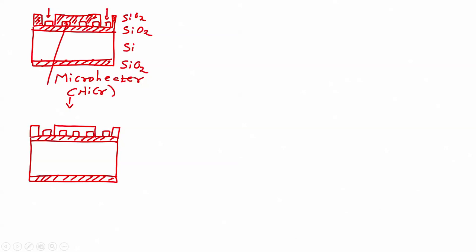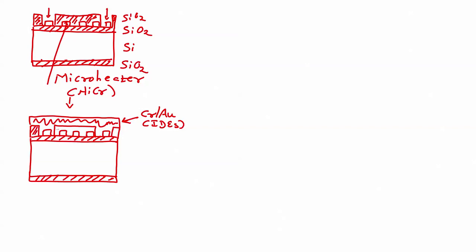On this I will deposit a metal, which can be my chrome gold. This metal will be used for patterning interdigitated electrodes.